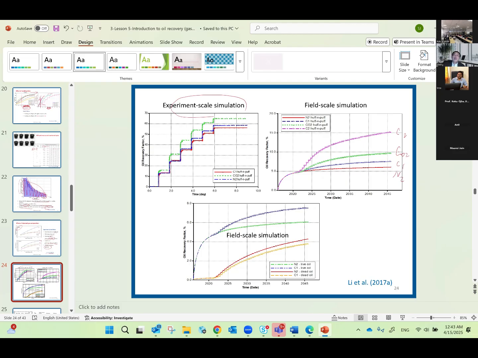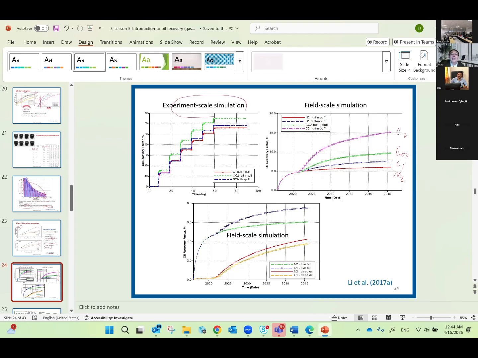Now this field model shows CO2 is still better than C1 and nitrogen, but the field shows C1 is better than nitrogen. And which one really is better may depend on the real reservoir conditions. Okay, and so that is oil rate, oil recovery.